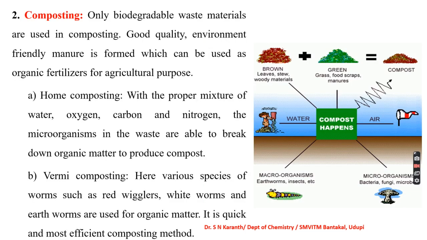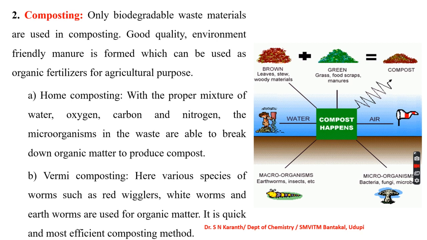Another method used to manage solid waste is composting. Composting is a method in which biodegradable waste materials are used. Composting is again recycling, or we can use it as compost.